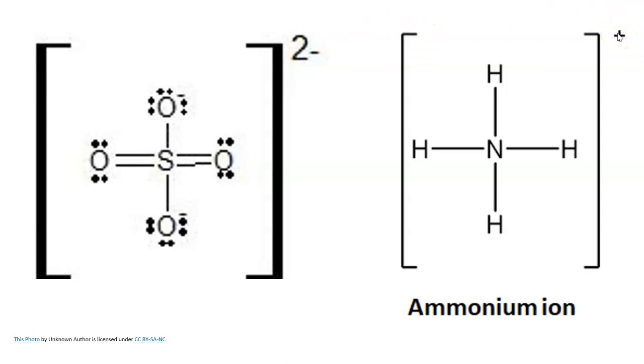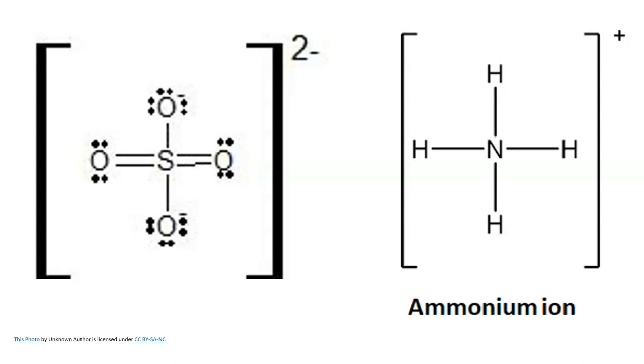Your charge indicates the overall charge spread out among all the atoms in the ion. And for polyatomic ions, you have to account for the electrons gained or lost due to its charge. So, for example, on your left, you're going to add 2 electrons to your total number of valence electrons because you gained 2 electrons, okay?